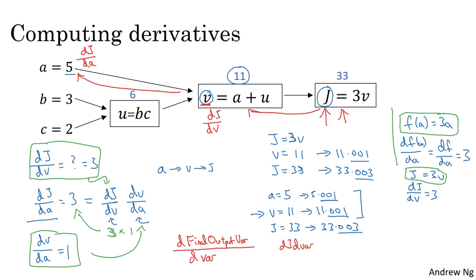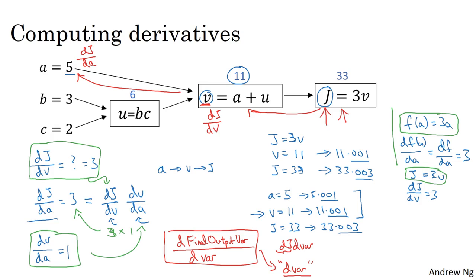But because you're always taking derivatives of this final output variable, j, I'm going to introduce a new notation where, in the code you write, we're just going to use the variable name dvar to represent that quantity. So dvar in the code you write will represent the derivative of the final output variable you care about, such as j, or sometimes the loss L, with respect to the various intermediate quantities you're computing in your code.